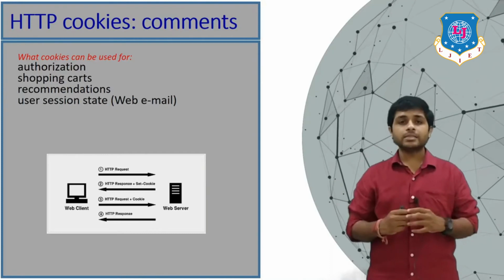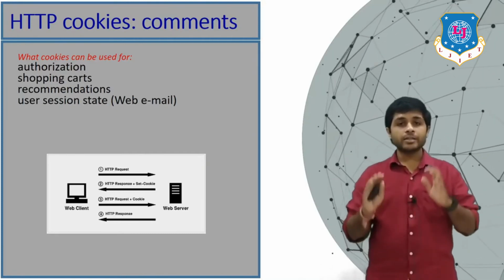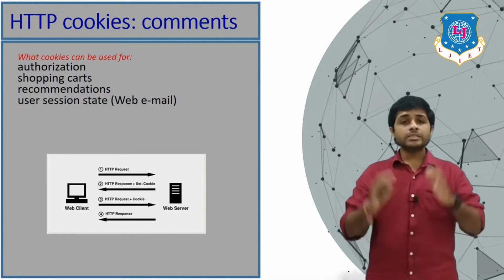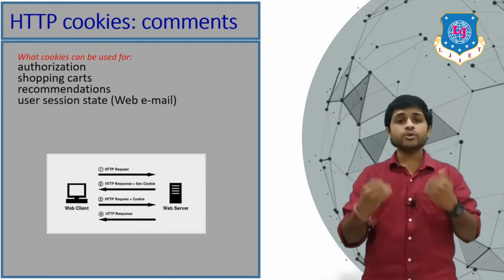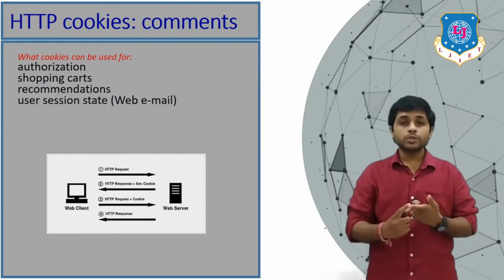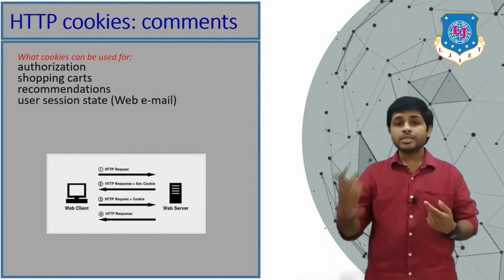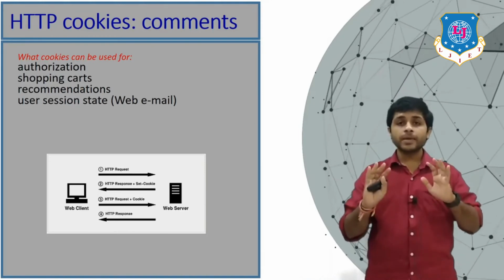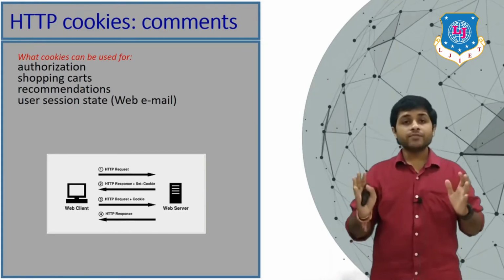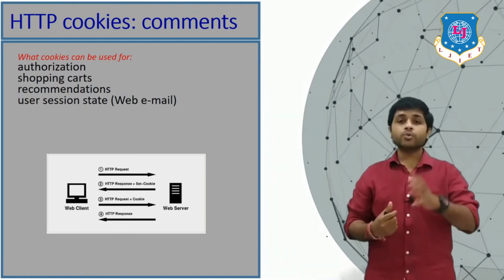When you access the Myntra website, the Myntra server generates a cookie, which contains some information regarding your session. Information such as who the user is, what type of products you like, what type of products you dislike. All this information is generated and sent to your computer, and it is stored in the cookies folder.